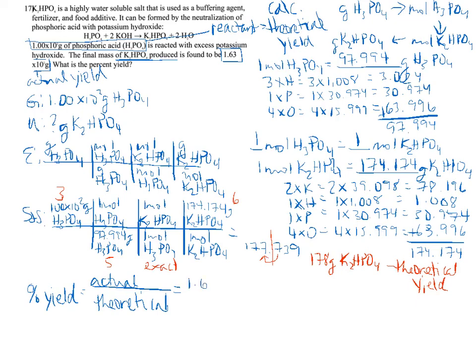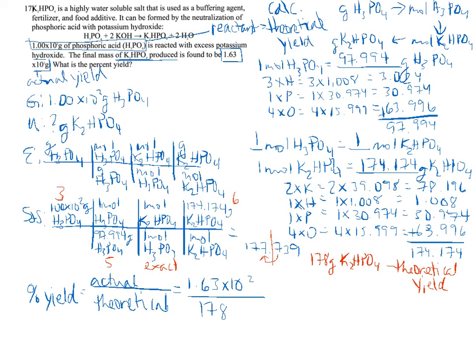So 1.63 times 10 to the second, over our theoretical that we just found, which is 178. Remember, whenever you do these times 10 to numbers, make sure you put them in the calculator correctly with parentheses, or you know 10 to the second is 100, so that's 163 divided by 178.